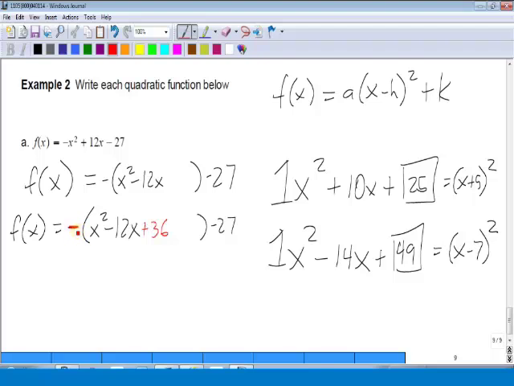It's tricky, but when we write the plus red 36 in there, inside the parentheses, I've actually subtracted 36 from the original. I've got the negative out in front. If we were to clear the parentheses, this function would be 36 less than the original function. 36 less.